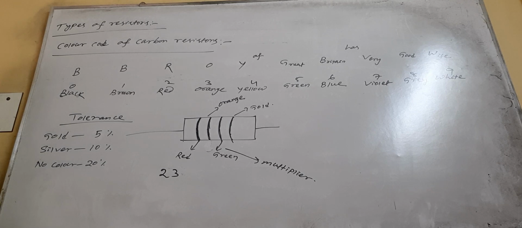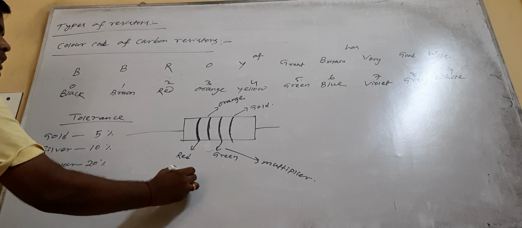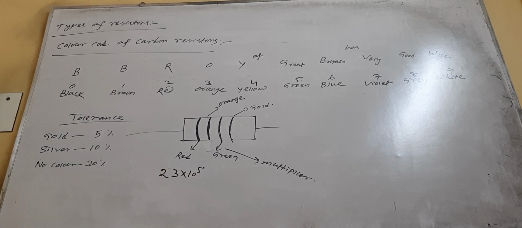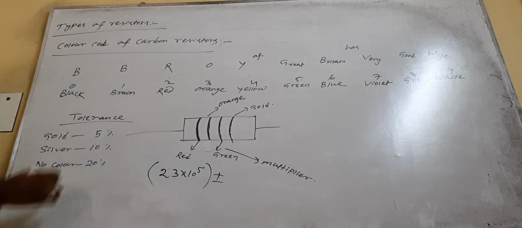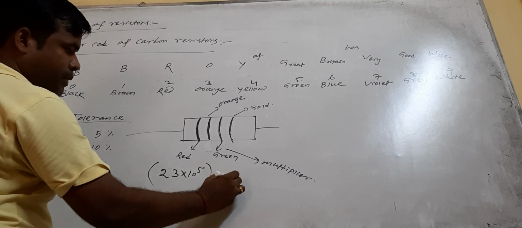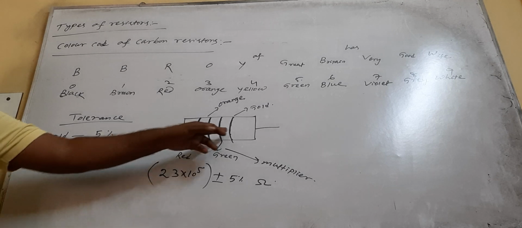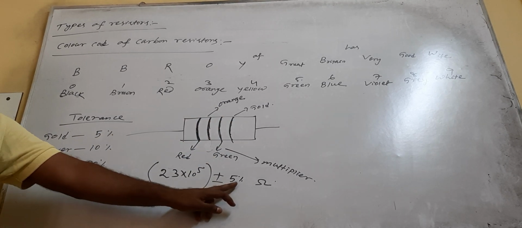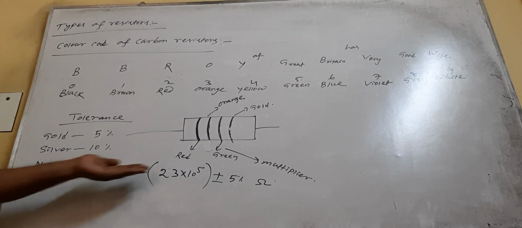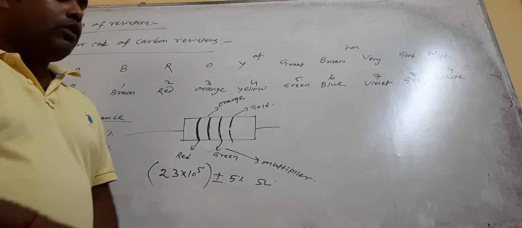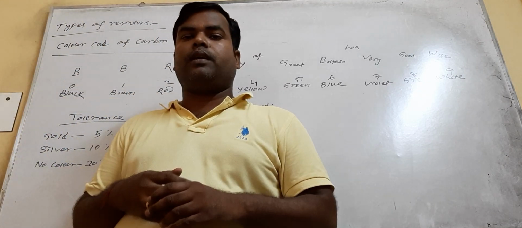The third color is green, the assigned digit is 5, so the multiplier is 10 to the power 5. The fourth color is gold, which gives the tolerance, plus minus 5%. Unit is ohm. If the fourth color is silver, then it is plus minus 10%. If there is no color, then it is plus minus 20%. So it is all about the color coding of resistors.